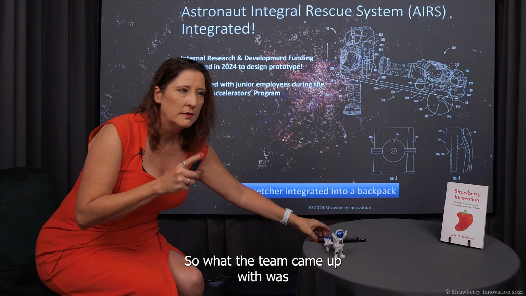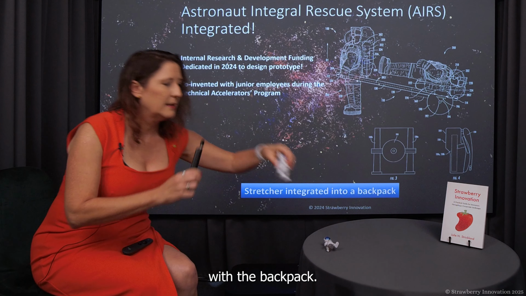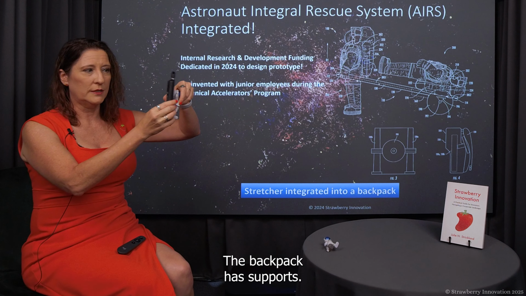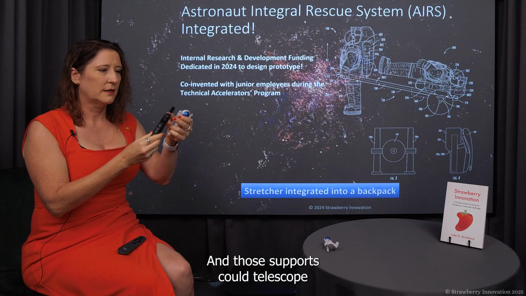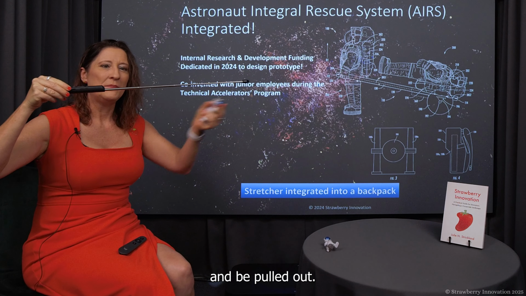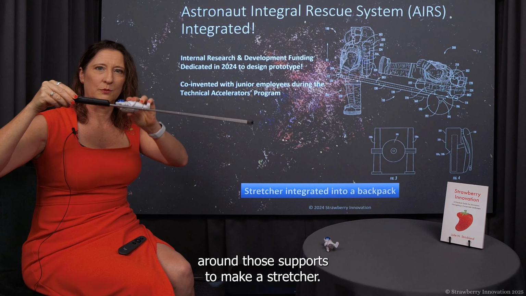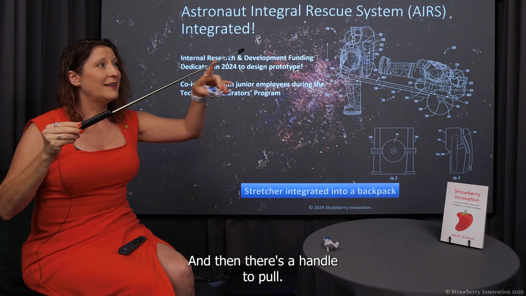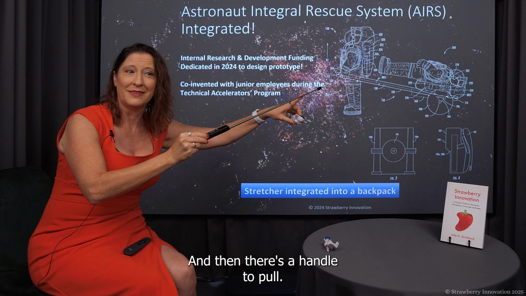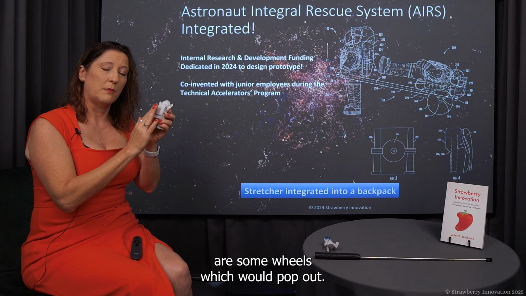So what the team came up with was, with the backpack, the backpack has supports, and those supports could telescope and be pulled out, and then we could wrap some fabric around those supports to make a stretcher, and then there's a handle to pull. Also part of this idea are some wheels which would pop out.